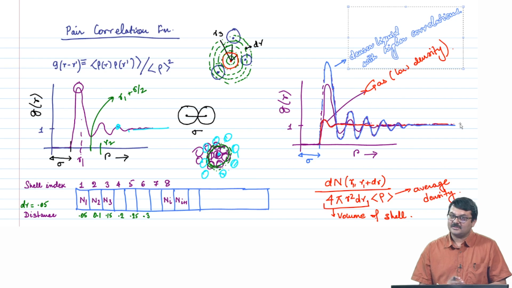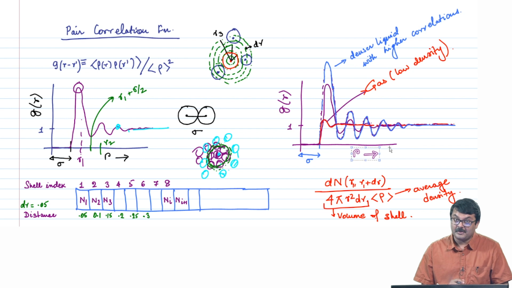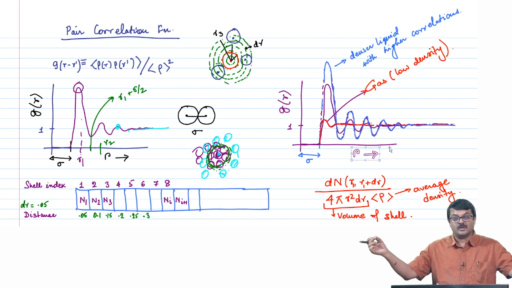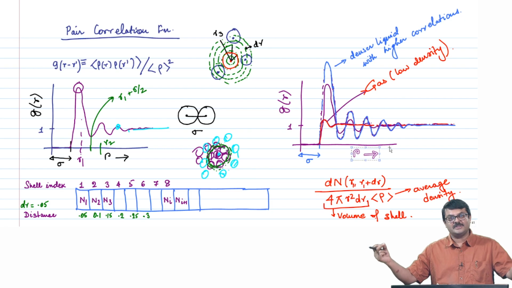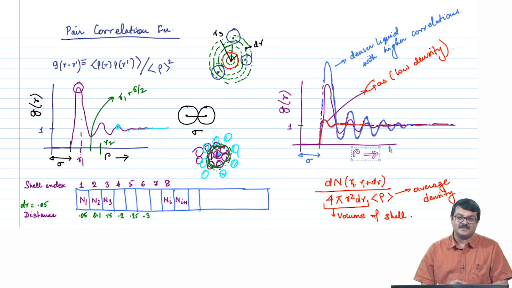And why is that? Because of periodic boundary conditions. Whenever you are calculating r, you have to keep in mind that two particles could be at two ends of the box and yet be very close to each other, due to the minimum image convention.